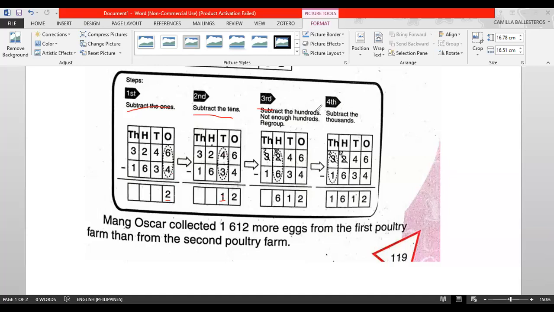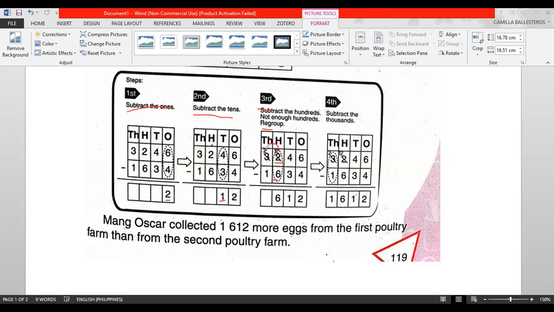Now, what about the third step? Subtract the hundreds. There are not enough hundreds, so we need to regroup. Look at that one, 2 minus 6. 2 is smaller than 6, so we need to borrow from the thousands, from 3. 2 will borrow 1 from 3.